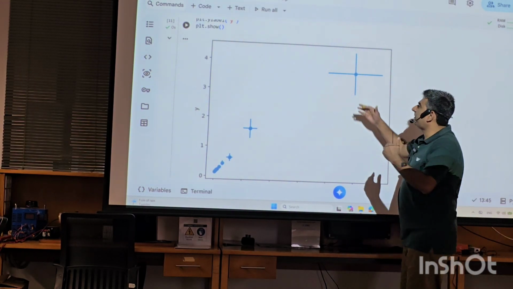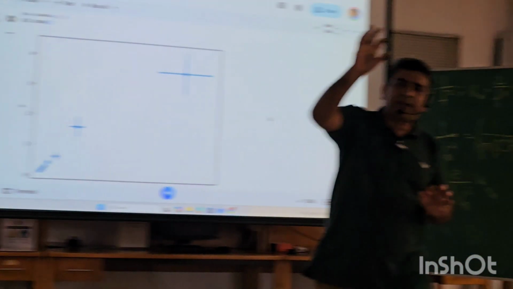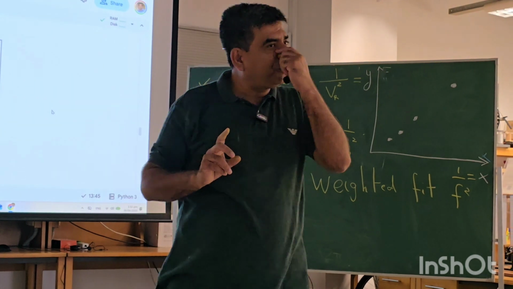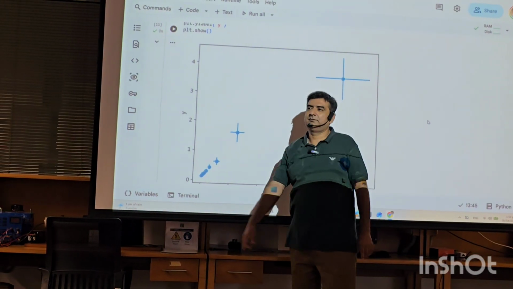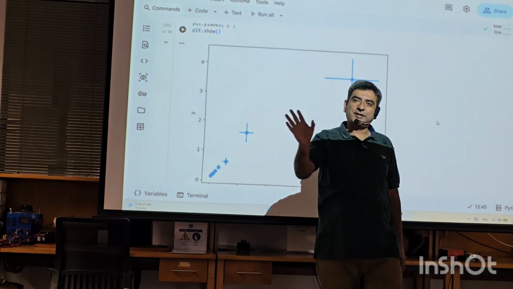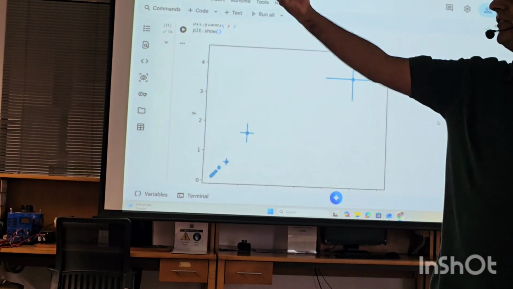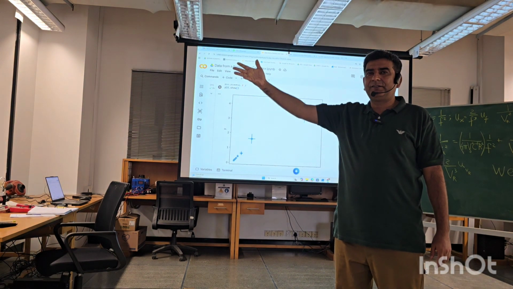For that purpose, we want to transfer the uncertainties along the x-axis to the y-axis. How do we do that? We've already done an unweighted fit. We have the slope of the unweighted fit, which was your 357. Correct?